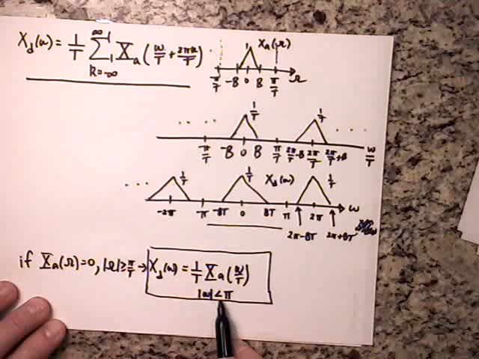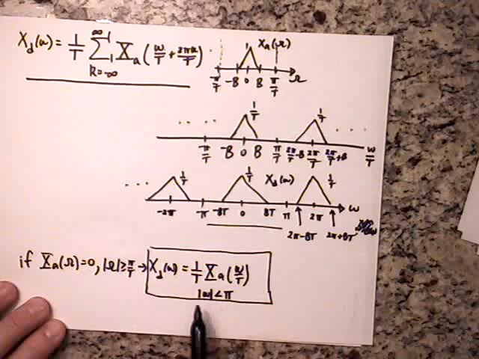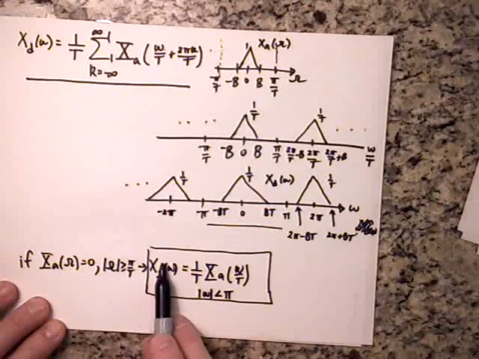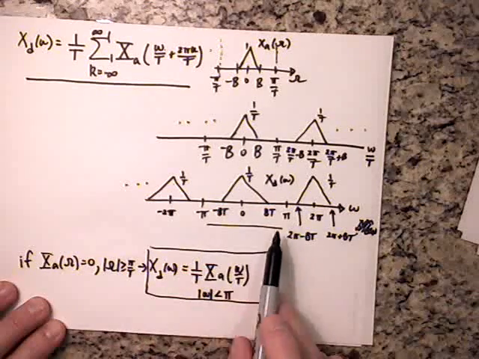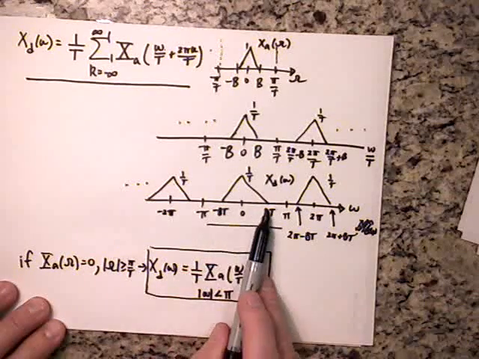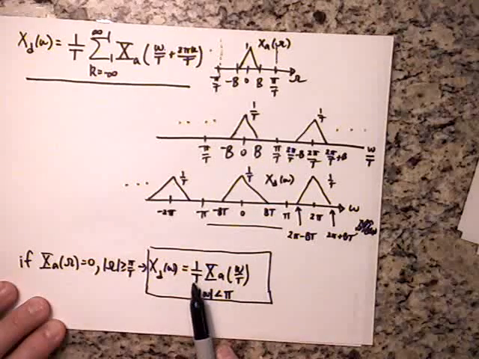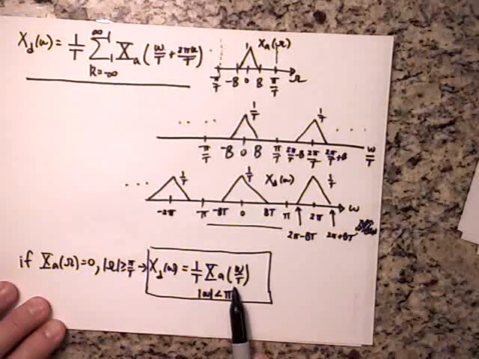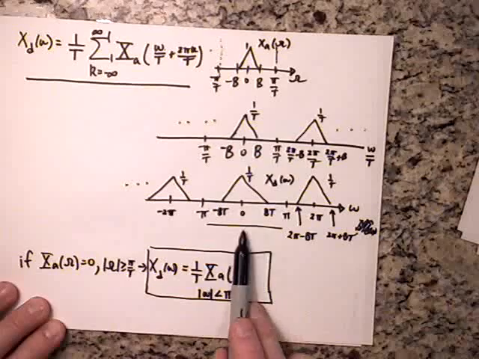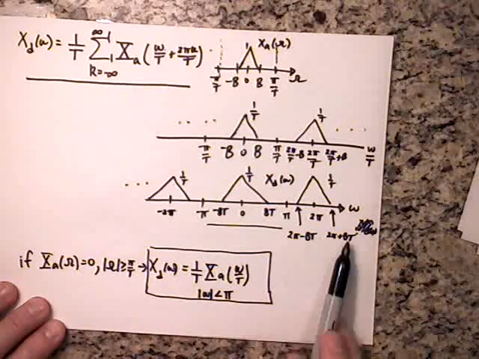What happens outside of this range? Well, we know that all discrete time Fourier transforms are periodic with period 2 pi. So in the range minus pi to pi, it's just a scaled by t version of a stretched by t version of x sub a of omega. And then outside that range, it just repeats.